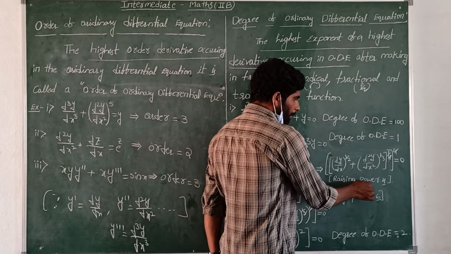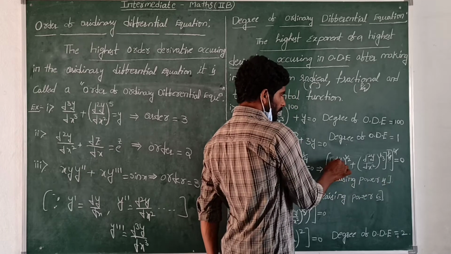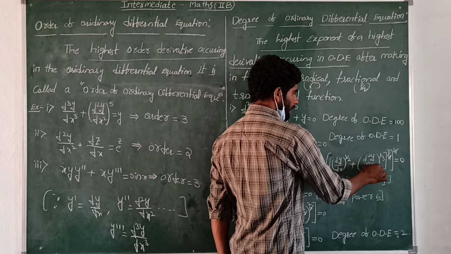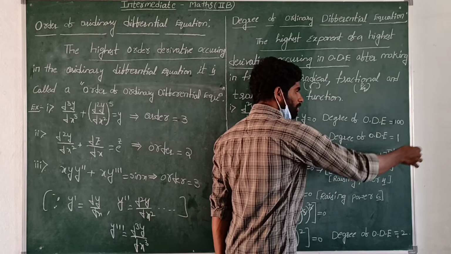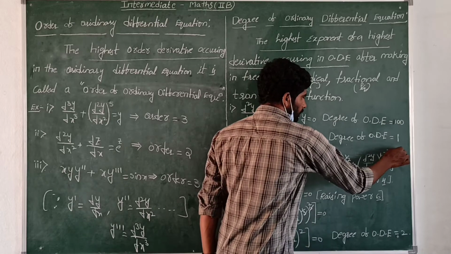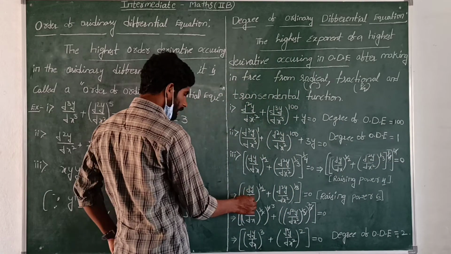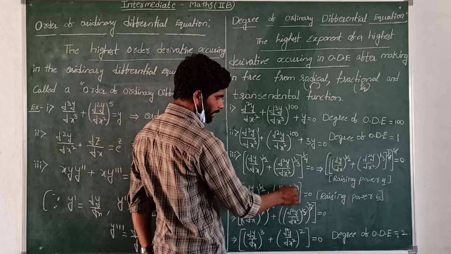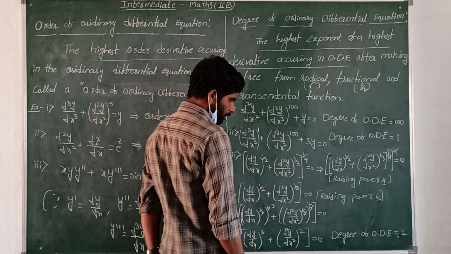Raising to power 4: dy by dx whole to the power of 1 by 2 plus d square y by dx square whole to the power of 1 by 3, whole to the power of 1 by 4, again whole to the power of 4. So 4 cancels. We get dy by dx whole to the power of 1 by 2 plus d square y by dx square whole to the power of 1 by 3 equals 0.